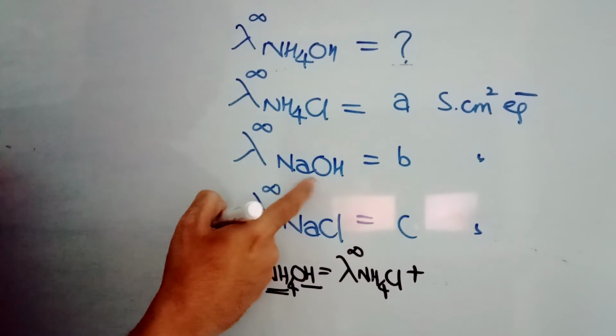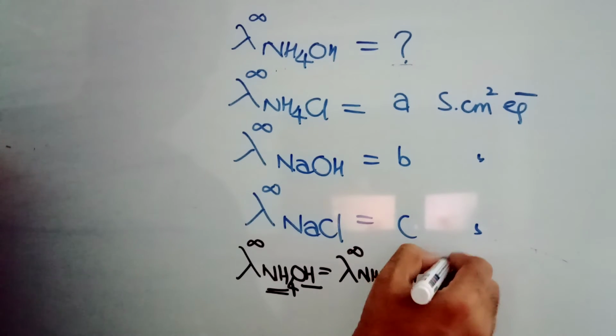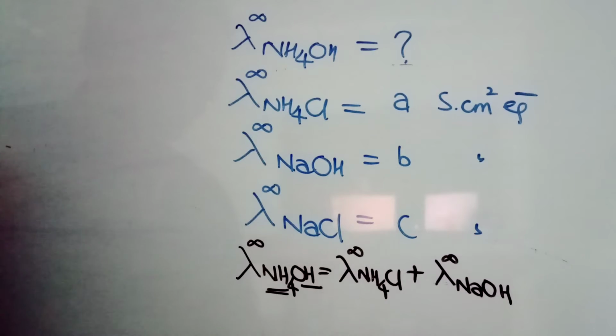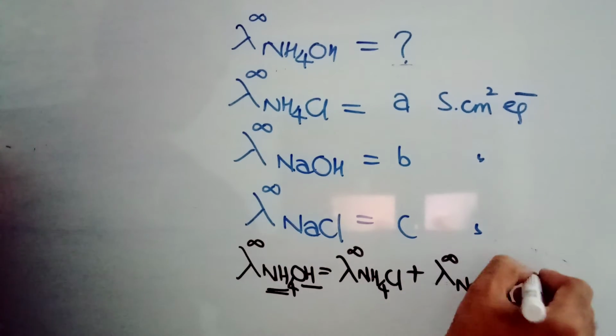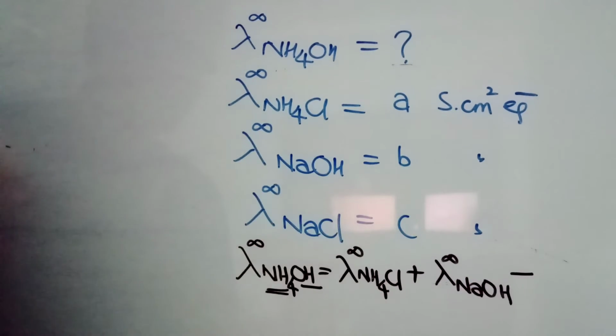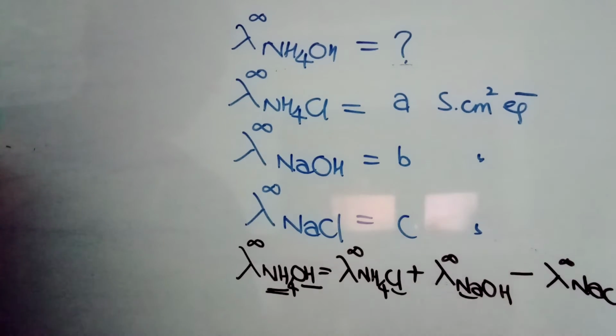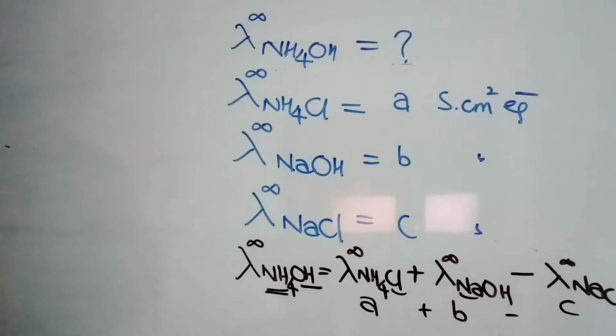OH is present in sodium hydroxide, so you take lambda infinity of sodium hydroxide. All these are strong electrolytes, whose values are already given in the question. NH4OH is there, and extra we have NaCl, so just subtract that NaCl value. So A plus B minus C, where this is A, this is B, and this is C, will be your answer.